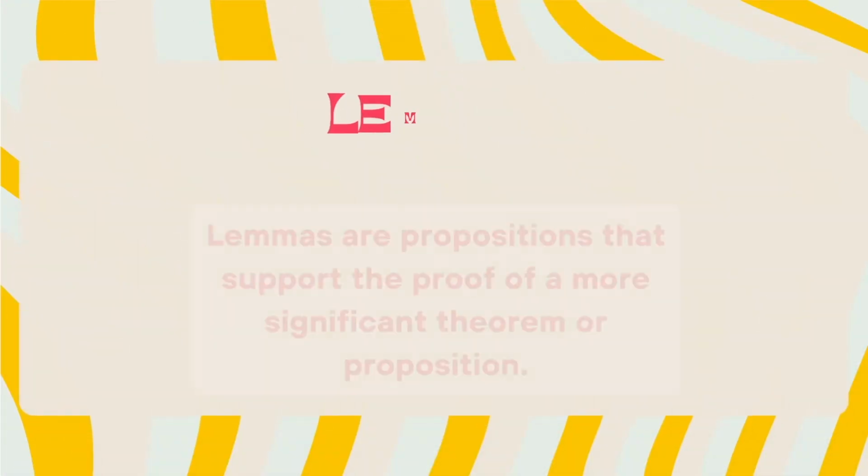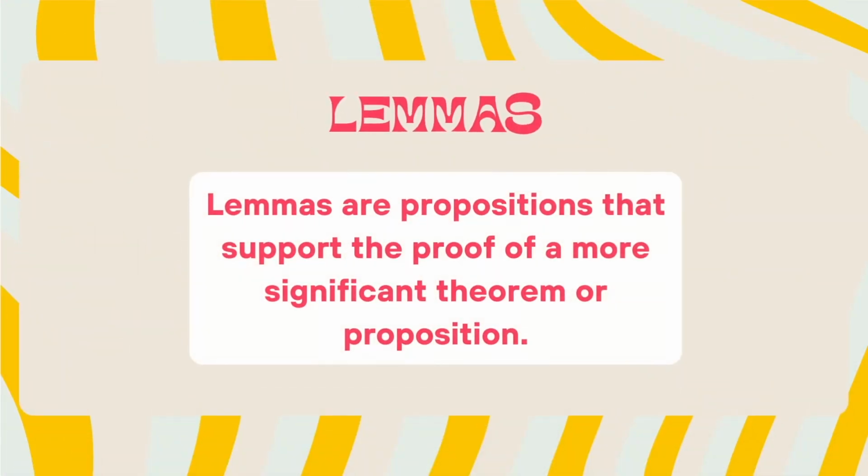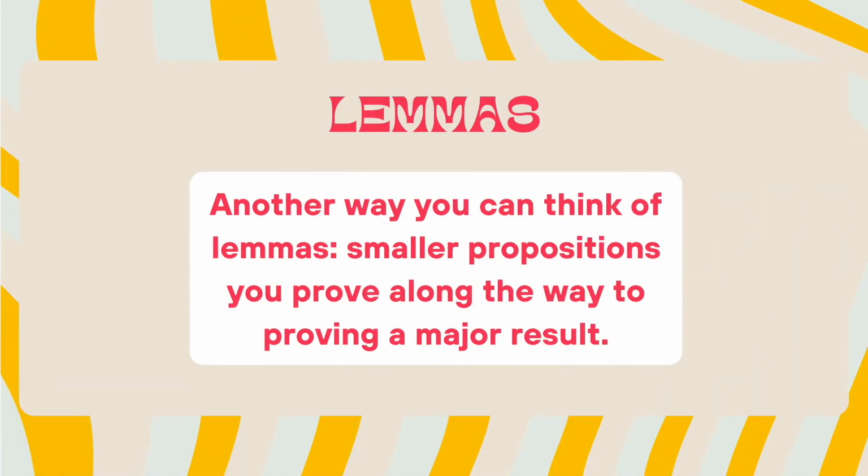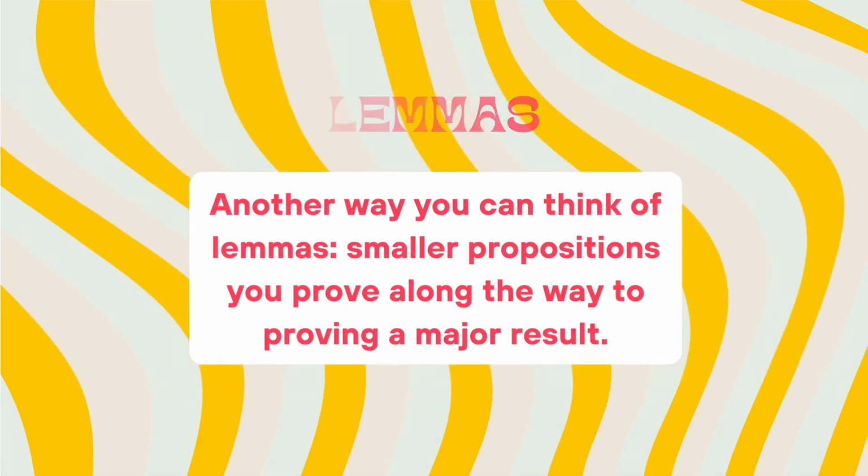Lemmas are propositions that support the proof of a more significant theorem or proposition. So a lemma is often found in one of the chapters of your textbook as a smaller result that leads to something bigger that gets proven later on in the chapter or later on in the paper. Another way you can think of a lemma is it's a smaller proposition that you prove along the way to a major result.